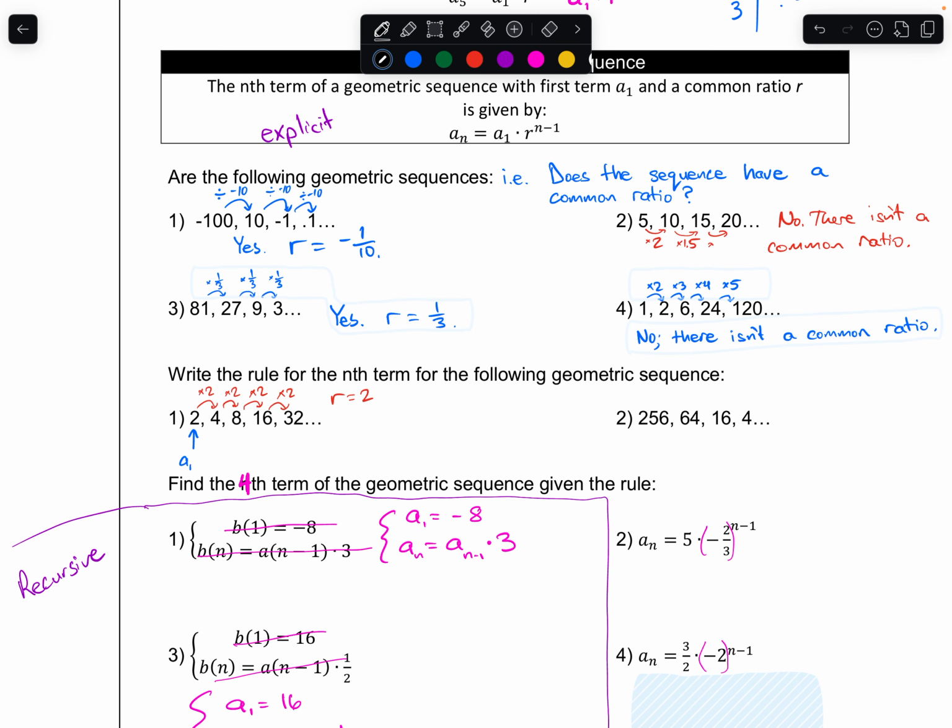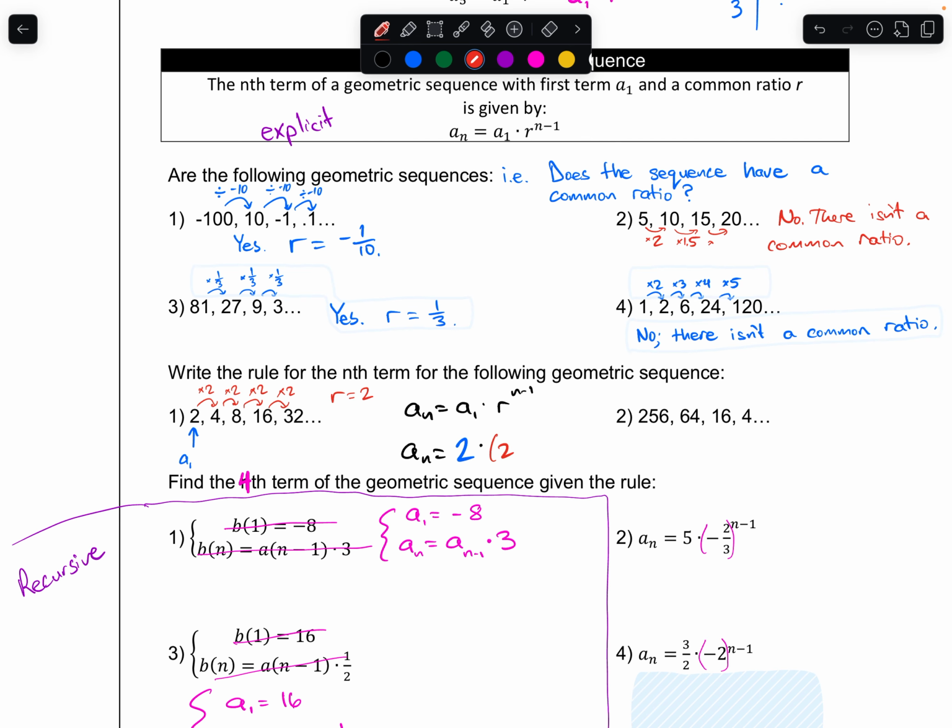So our rule said that A sub n is A sub 1 times r to the n minus 1 power. We are going to write that, but we're just going to include what our first term is. I'm going to try to color code it. A sub 1 is 2 times our common ratio, which is also 2, to the n minus 1 power. And that's our rule.